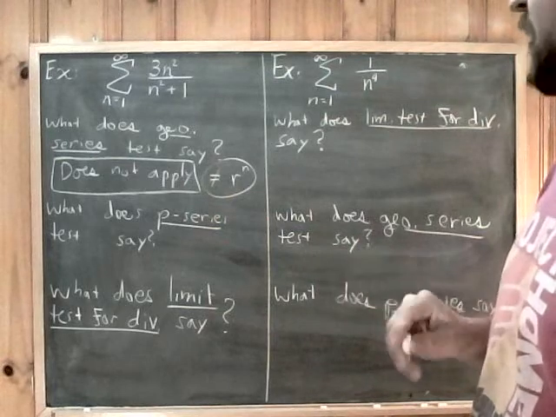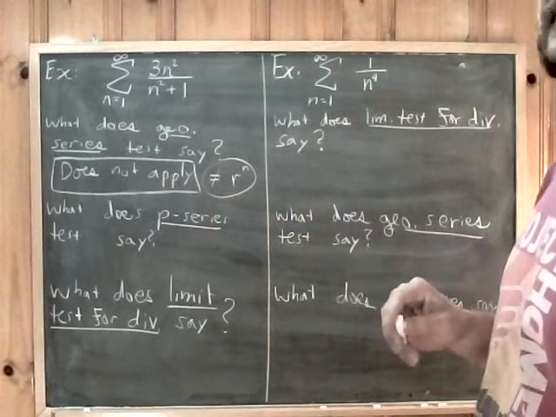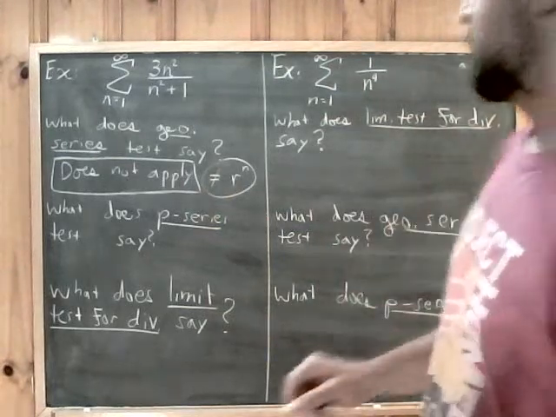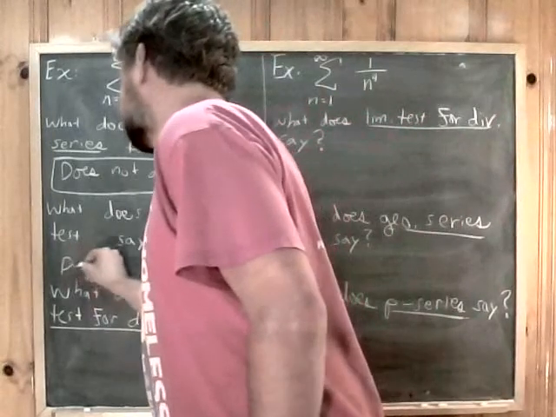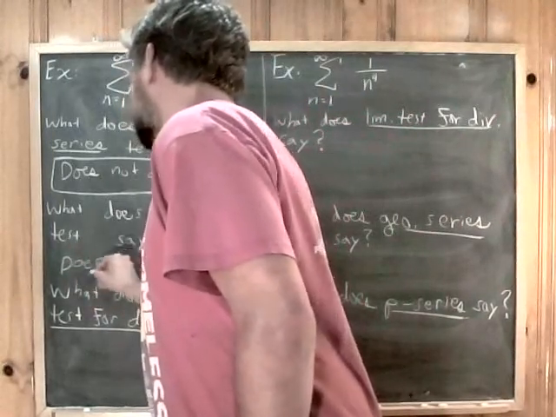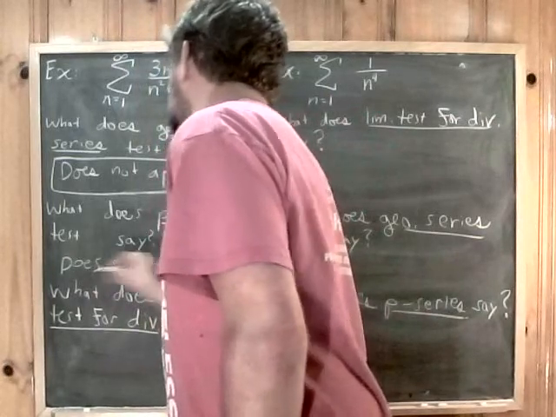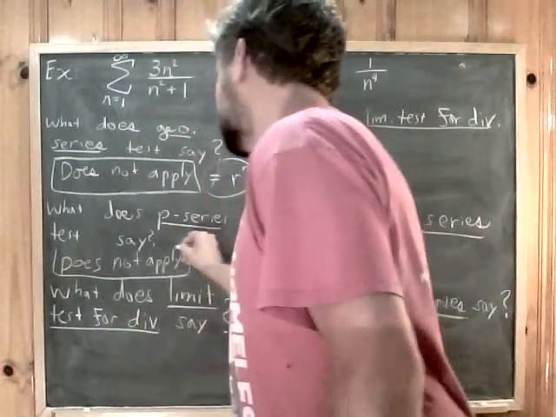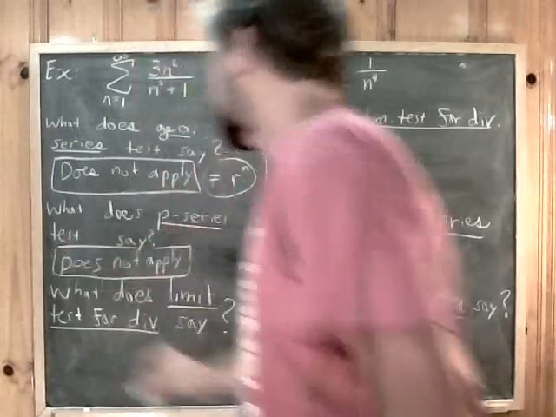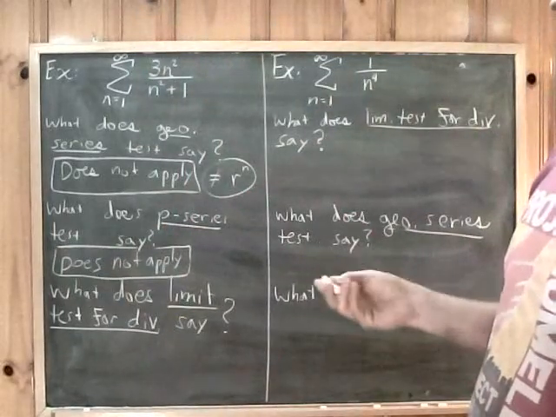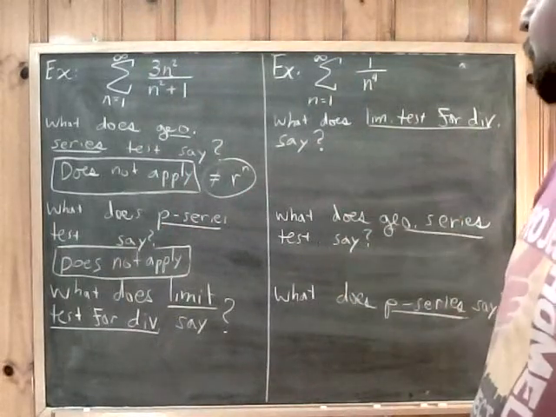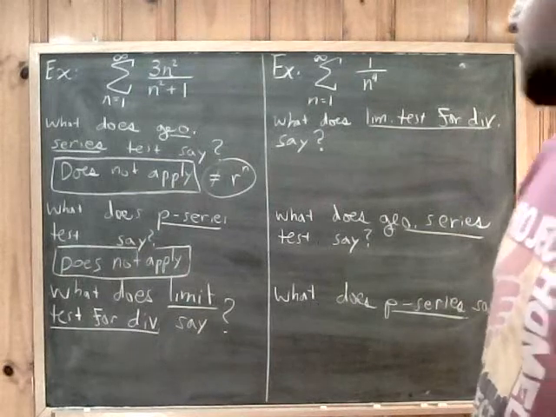Now, how about the p-series? Same problem. The p-series does not apply. Put a box around that. Because it's not equal to 1 over n to the p.